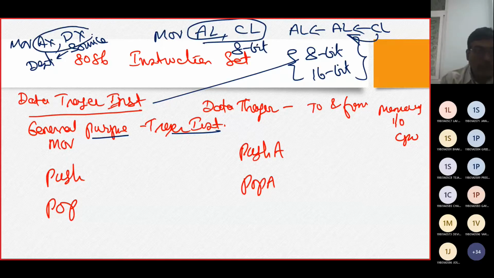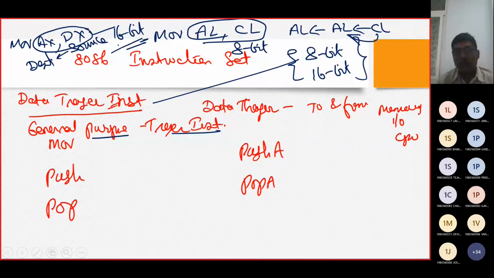But when we are working with AX and DX, we call them 16-bit instructions. When we work with 8-bit instructions, we are taking only the byte, only half of the value.